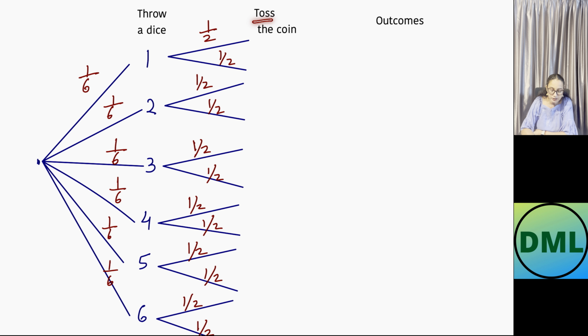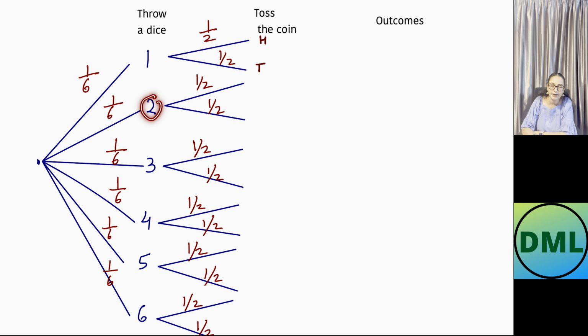Now I am tossing a coin. When the die lands on 1, I have the option of head or tail. The probability of getting the head is half, because I have 2 possible outcomes and the favorable outcome is head. So for head, the probability is 1 by 2. Similarly, for the tail the probability is half.